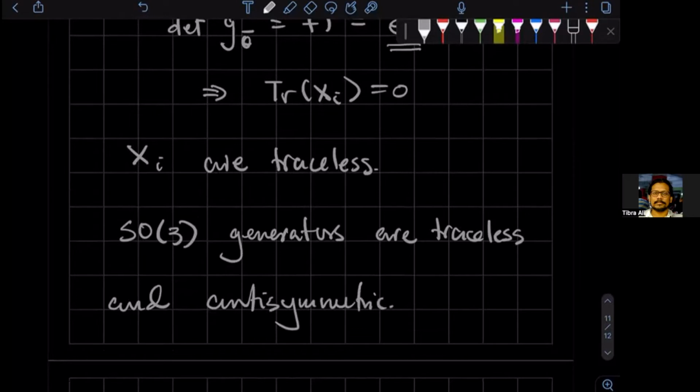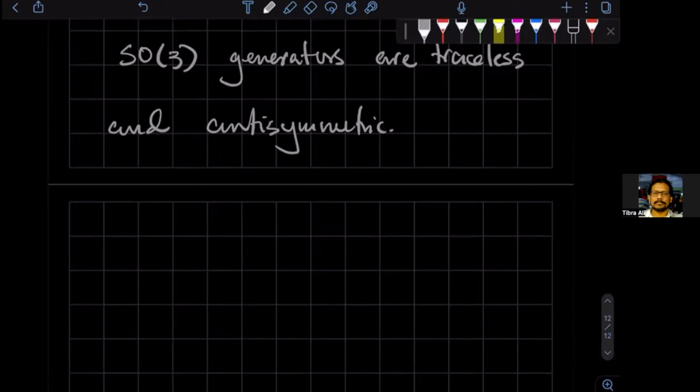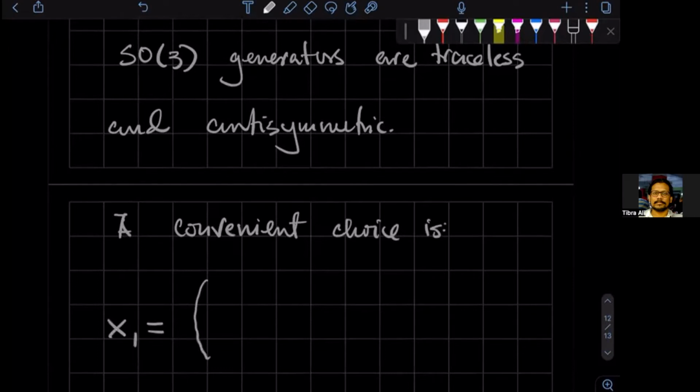Okay. So let's look at a convenient choice. So let's call this x1. We'll come to their geometric interpretation in a moment.